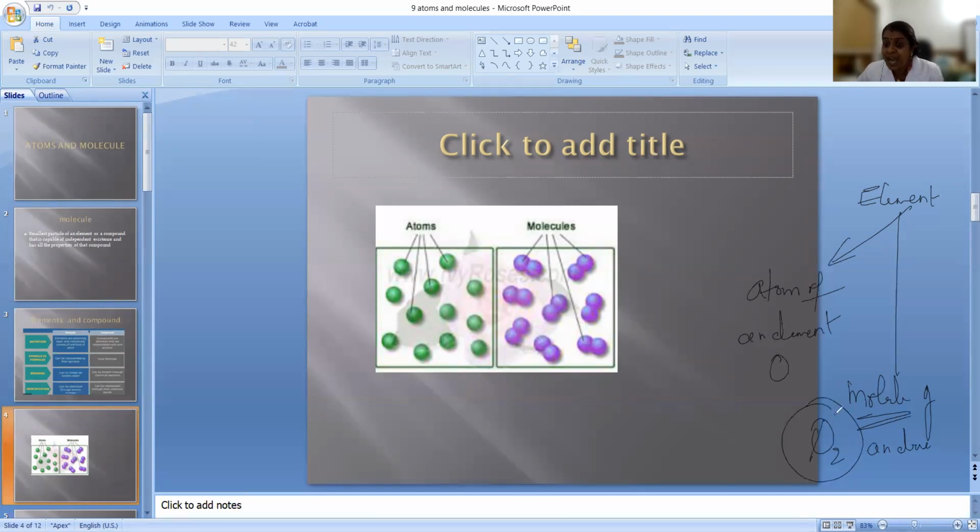If it is the same type of atom, then it is a molecule of an element. Otherwise, it becomes a molecule of a compound. Understand? So the same element it must be. So this is an atom of an element, and this represents a molecule of an element.